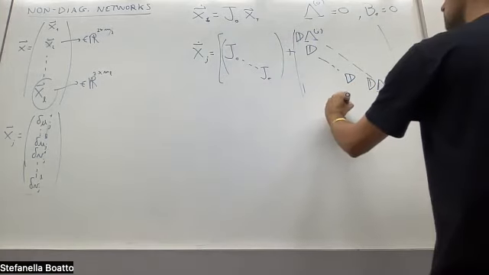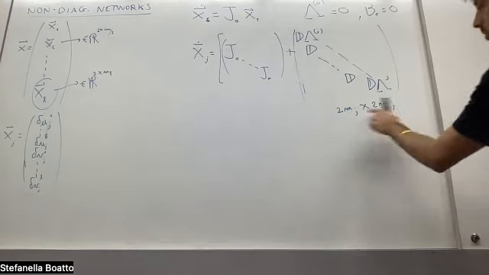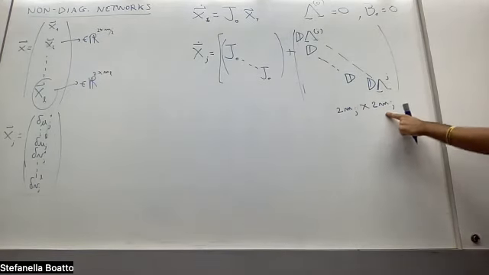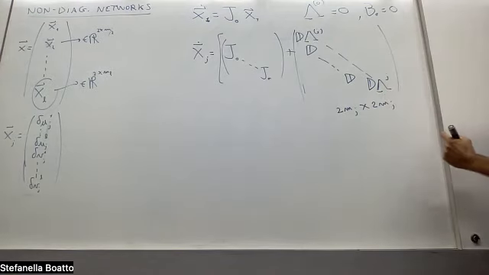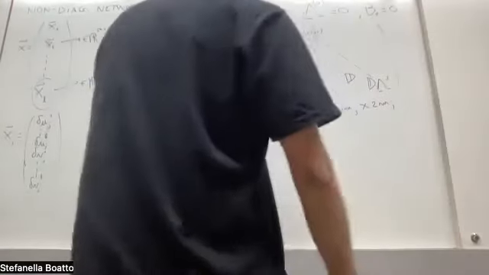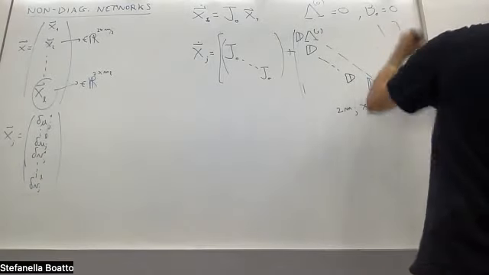So this is 2 mj times 2 mj, where mj is the dimension of the Jordan block associated to the eigenvalue lambda j. So it's equal to the degeneration of that given eigenvalue.